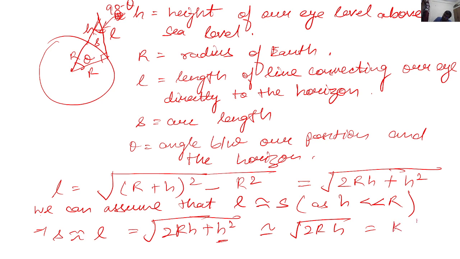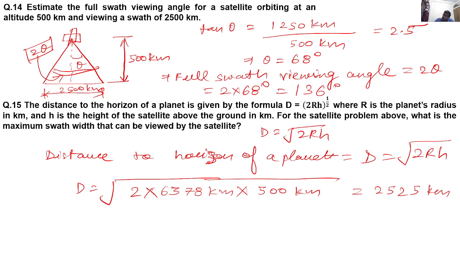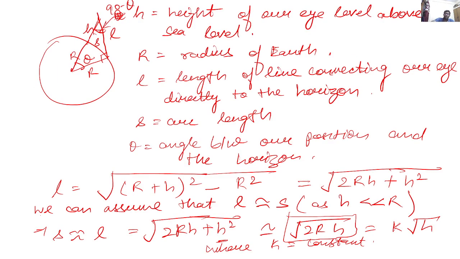It is actually equal to K times the square root of H, where K is a constant. Okay, so we are done with it. In the last question we used this term, d equal to the square root of 2RH. We have derived it now, just to have a feeling of where it actually arrived from.